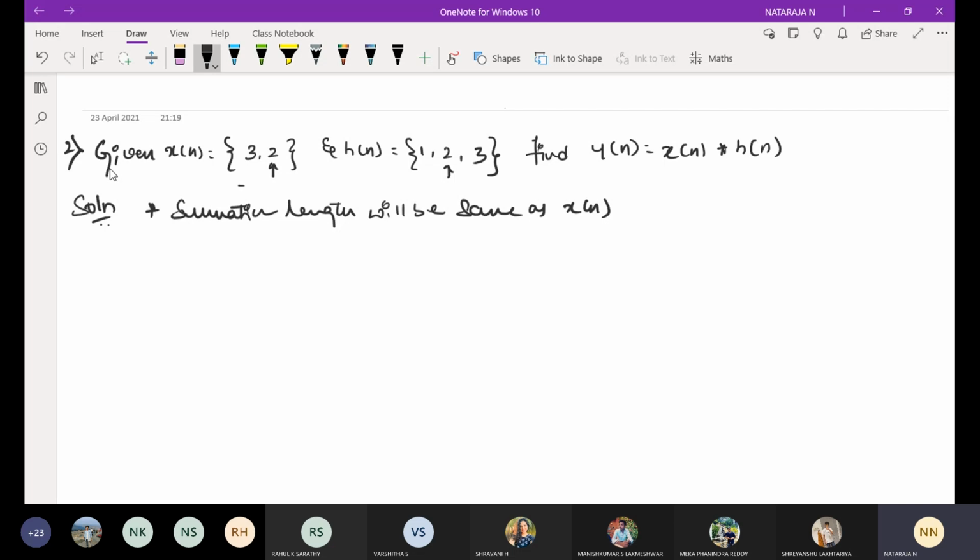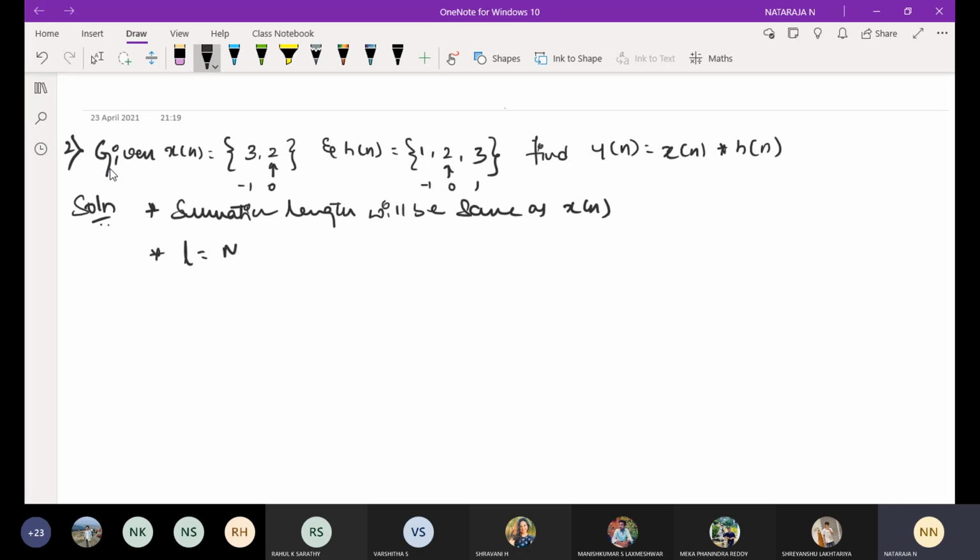This is -1 and this is 0. Why is it 0? The arrow indicates that this is the origin. Here also this will be 0, this will be -1 and this will be +1. These are the samples. N values will vary from -1 to 1 for h of n, and n will vary from -1 to 0 for x of n. That is the meaning.